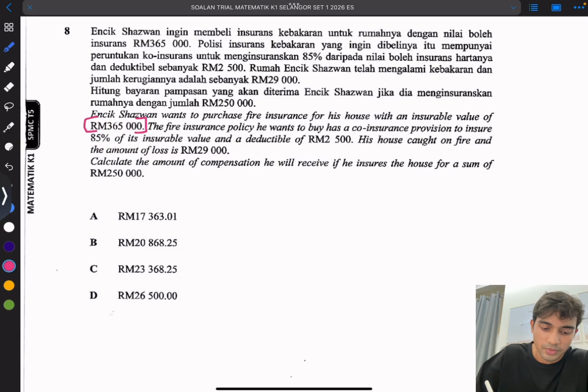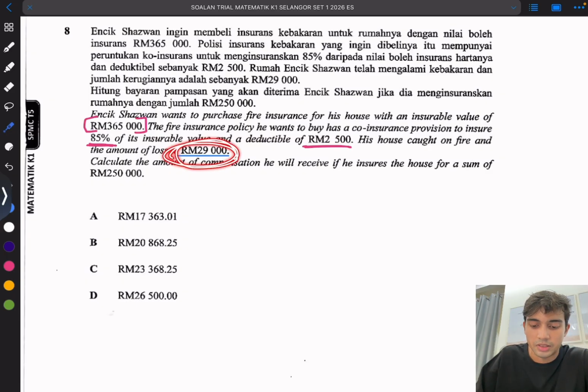Okay. Let me highlight this. 85%. Deductible 2,500. Deductible is how much we need to pay to claim the insurance. His house caught on fire and the amount of loss is 29,000. Alamak. Okay, his house caught on fire. Now the damages is 29,000.